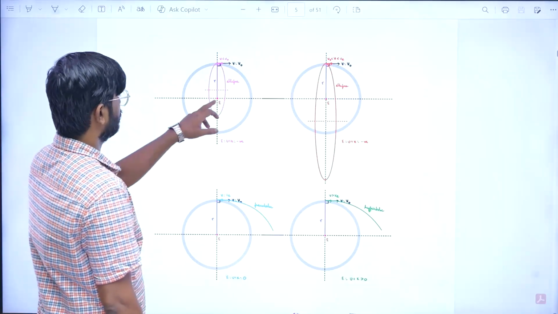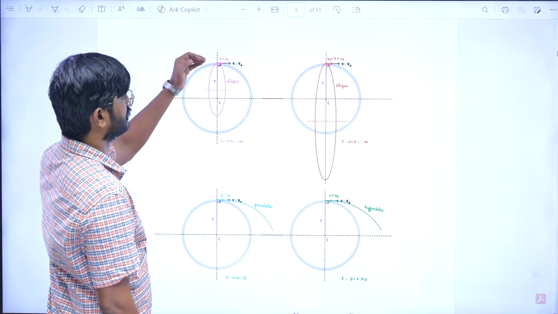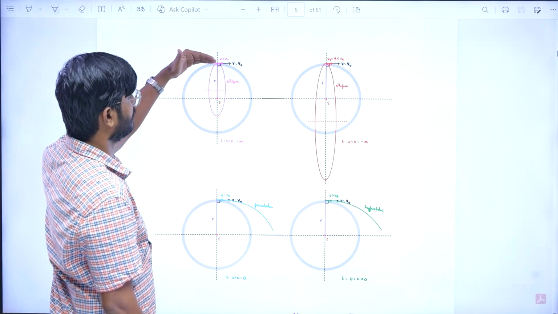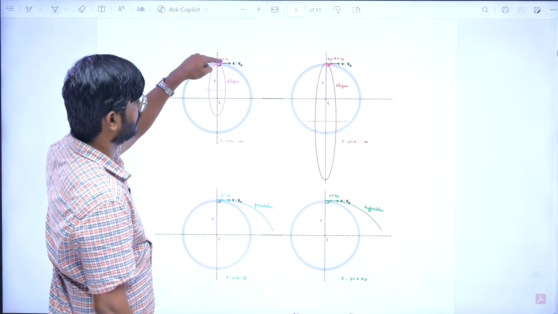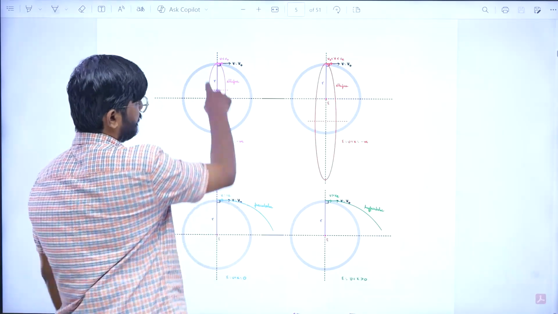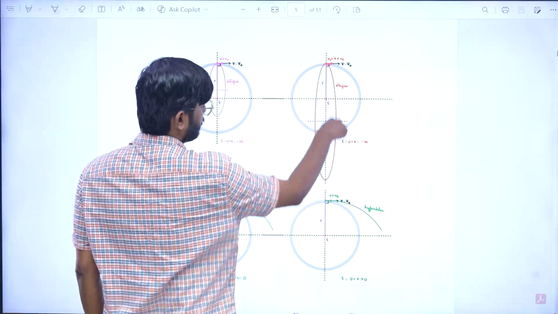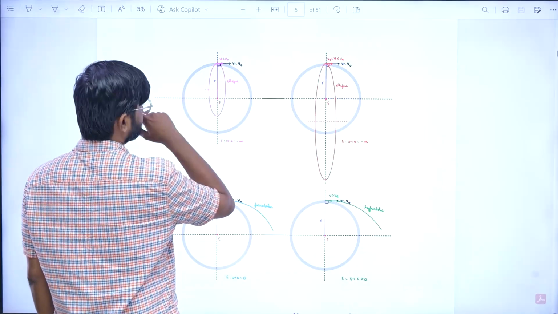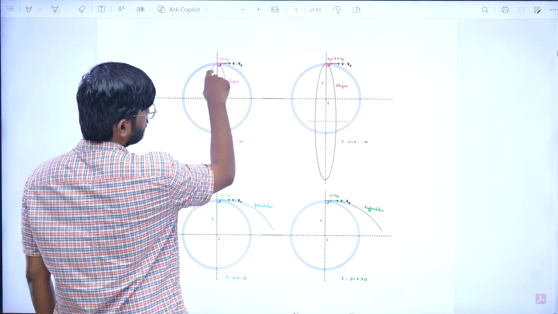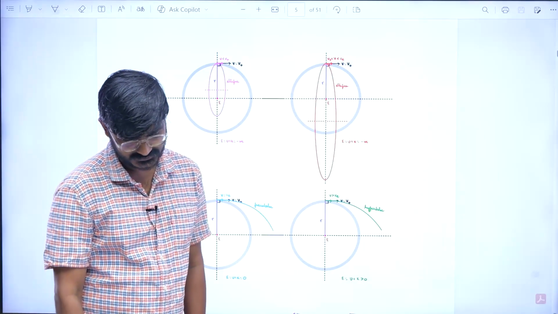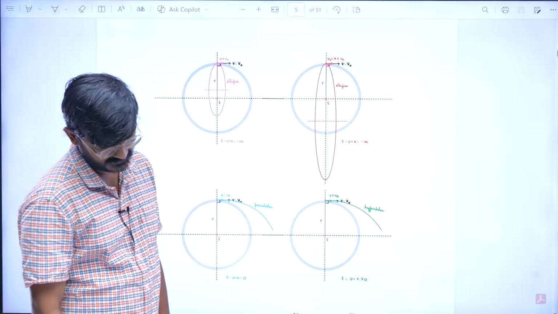So from a distance r, if you throw with orbital velocity exactly perpendicular, then it is going to be a circle. If it is slightly less, then it is going to be an ellipse. If it is going to be more, it is going to be an ellipse like this. Now in the first case where it is orbital velocity, the distance of the point mass from the center remains constant.